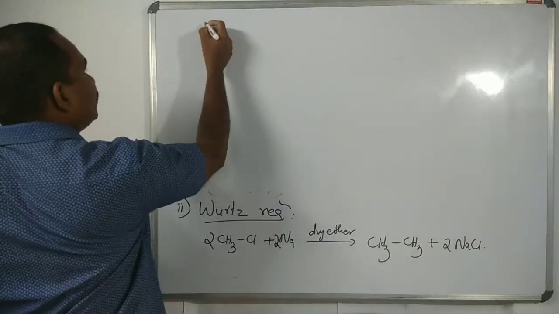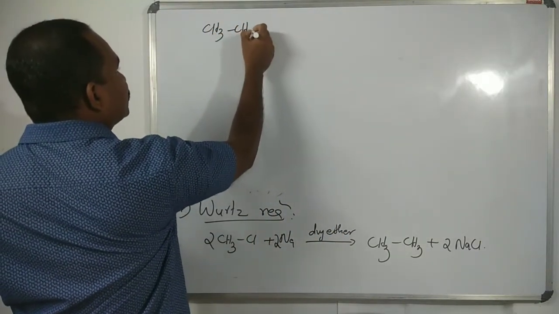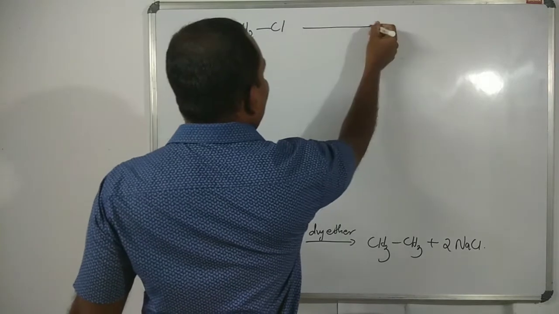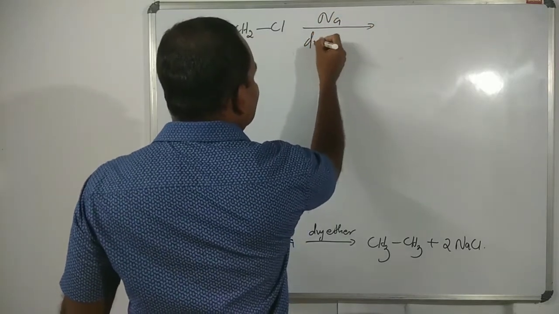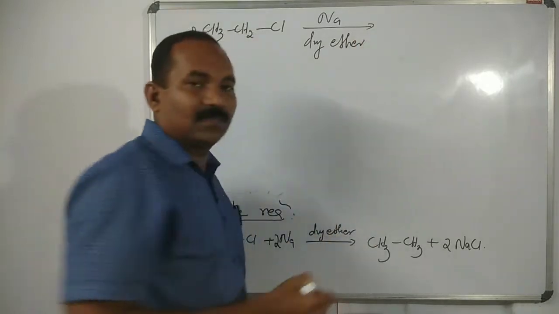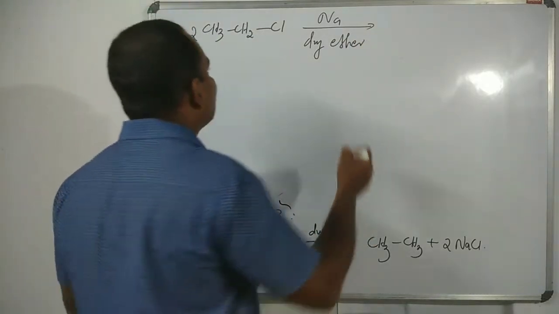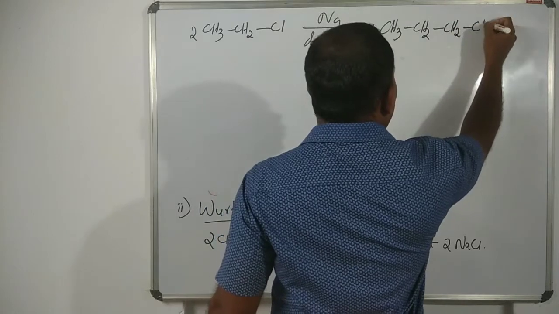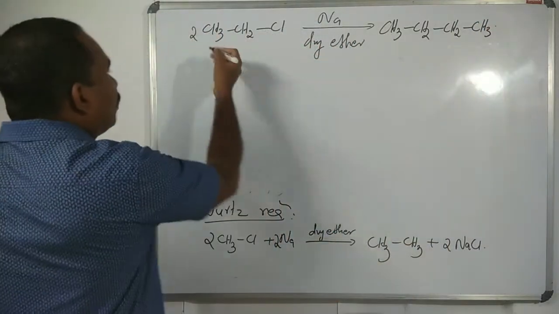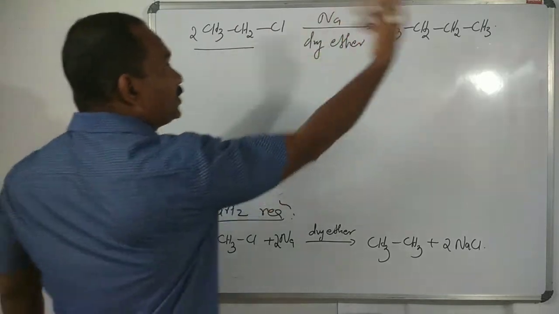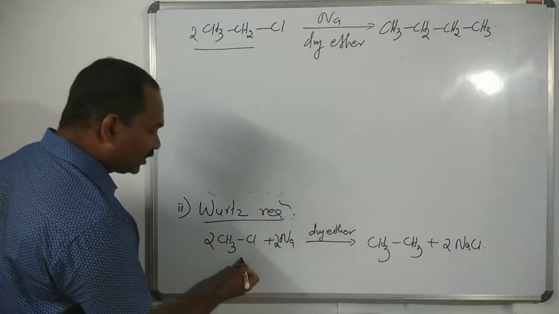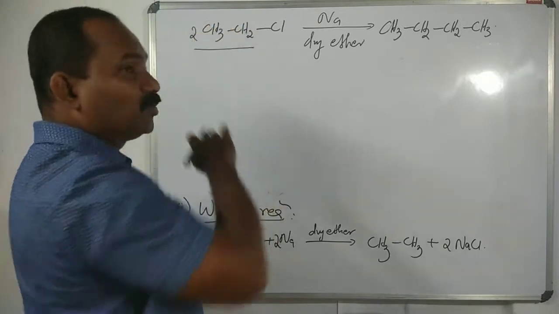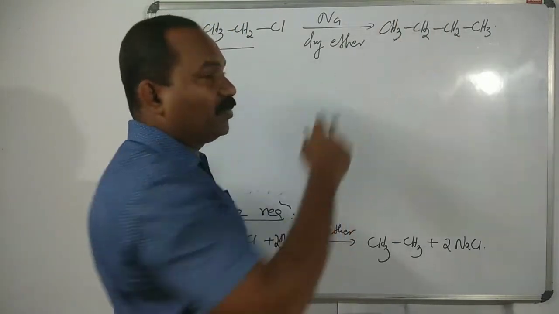CH3CH2Cl or Br, 2 moles, in the presence of sodium and dry ether, we get CH3CH2CH2CH3. So what is the alkyl group that is doubled? Here the ethyl group is taken, so we get butane.